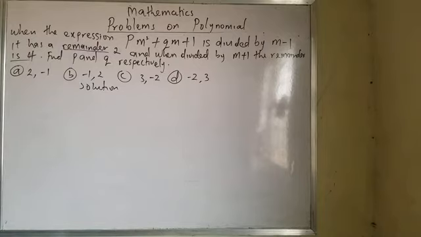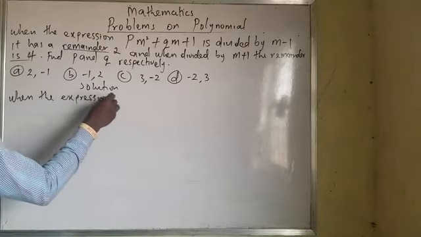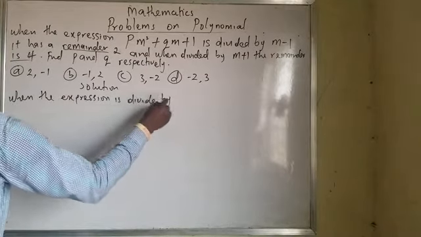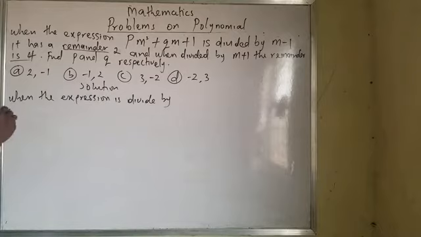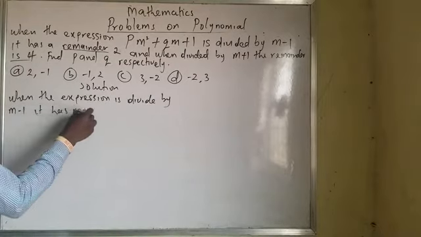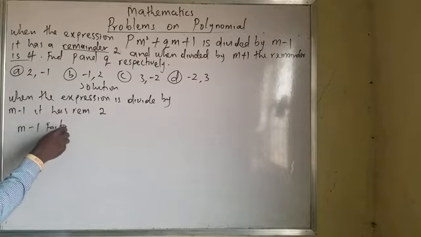What you just need to do is that when the expression is divided by m minus 1, it has remainder 2. Now, it means m minus 1 is a factor, so m equals 1 is a root.